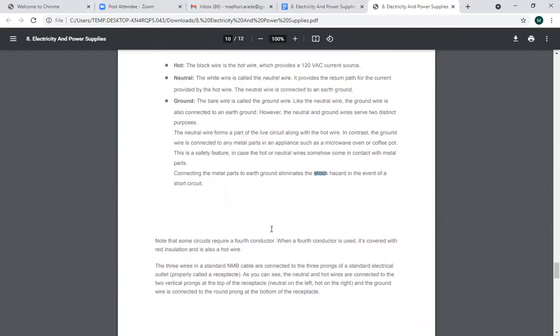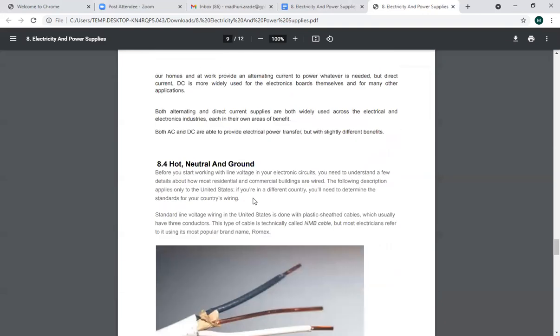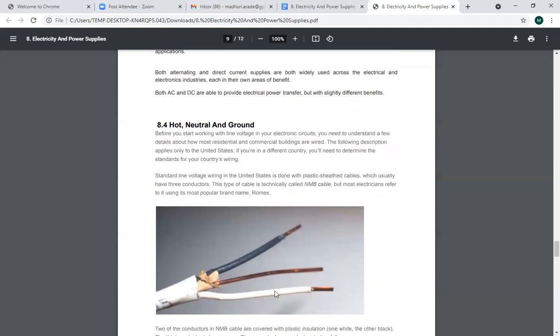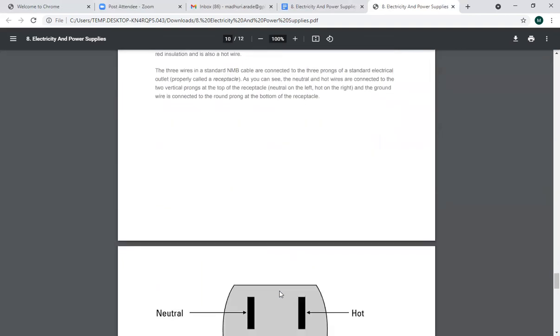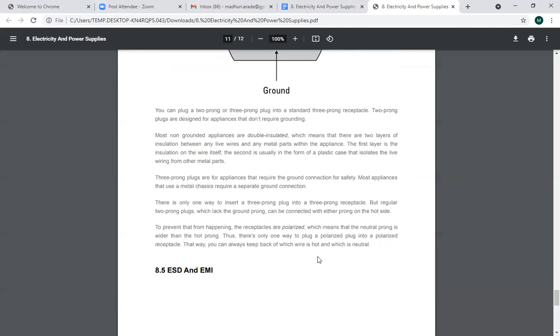And the neutral wire is used for carrying your current supply. So this is about the NMB wire, and it has these three components. In your electronic circuit, we should understand these three concepts of hot, neutral, and ground. So here is how it works: this is the ground, this is the neutral, and this is the hot one.